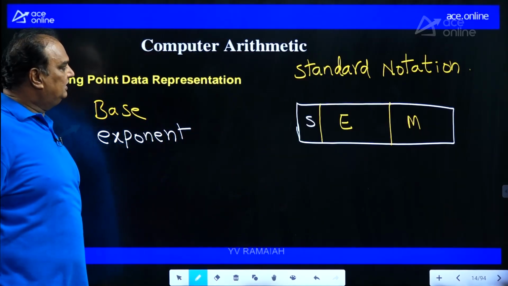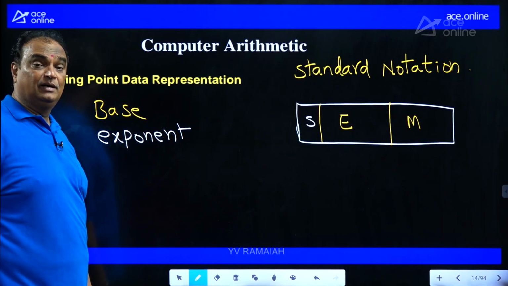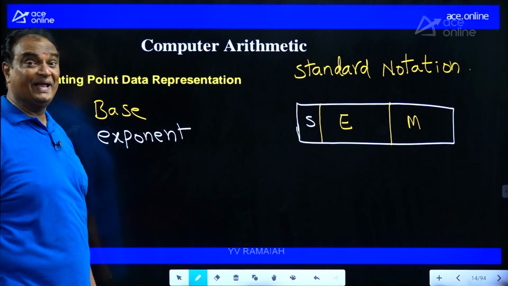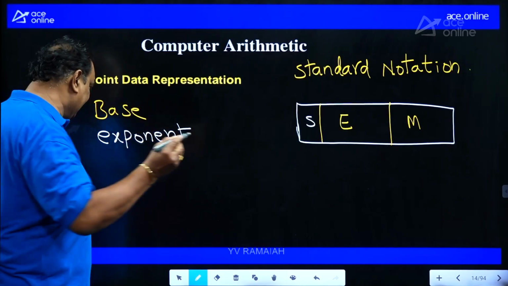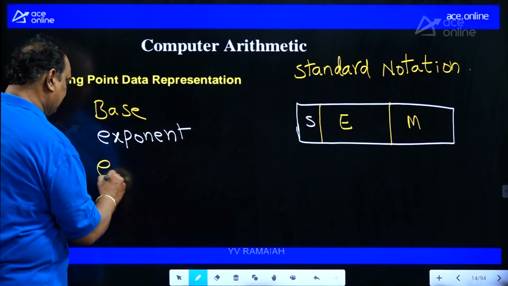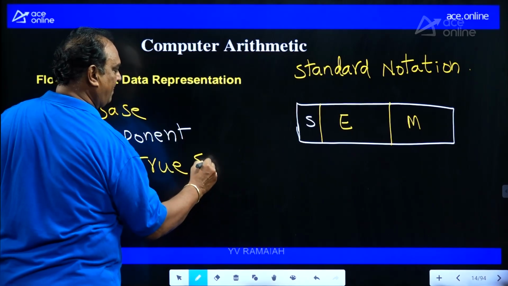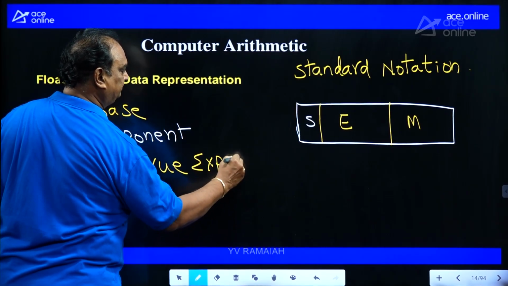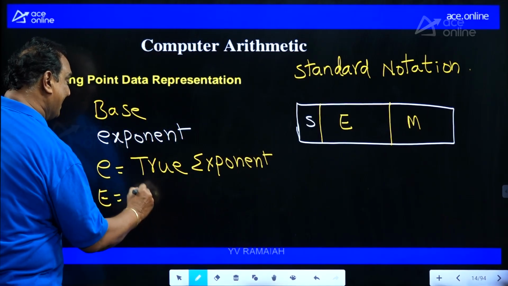S tells the sign of the mantissa, and capital E, the biased exponent. What is the difference between small e and capital E in our style? Small e is the true exponent. What does capital E tell? Biased exponent.